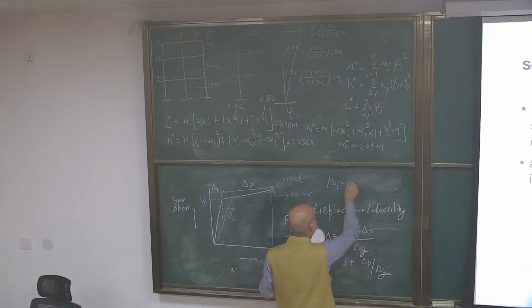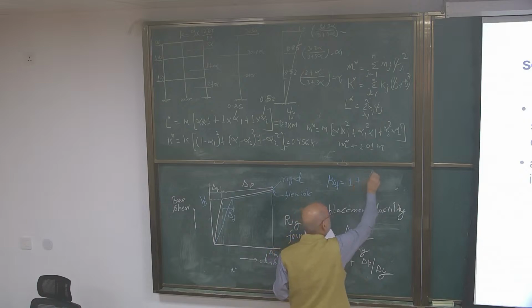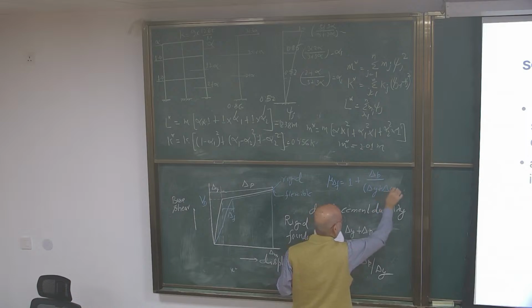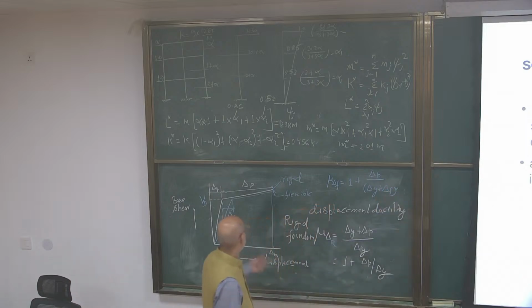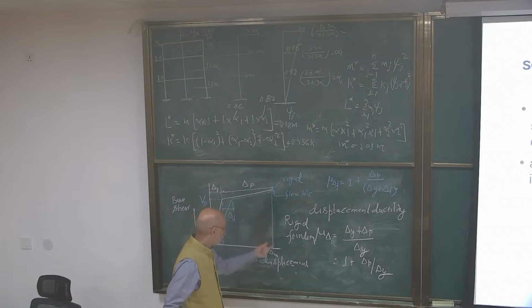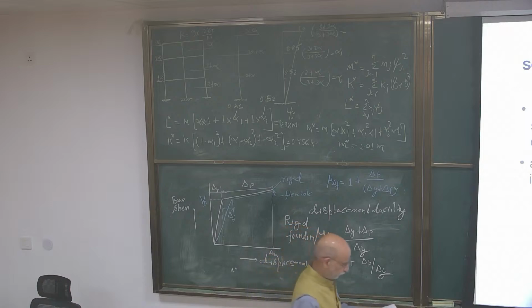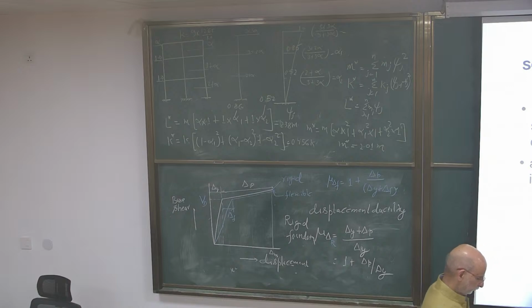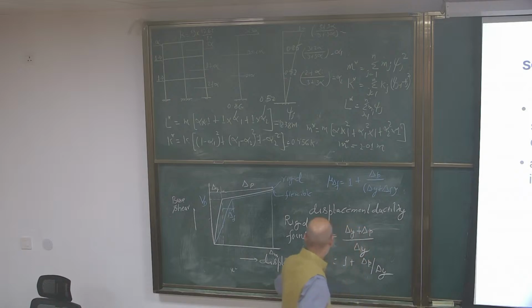So the numerator becomes delta P, and the denominator becomes delta Y plus delta F. This is shifting, so the total remains the same. Now if delta M is known to you, accordingly you can replace it.